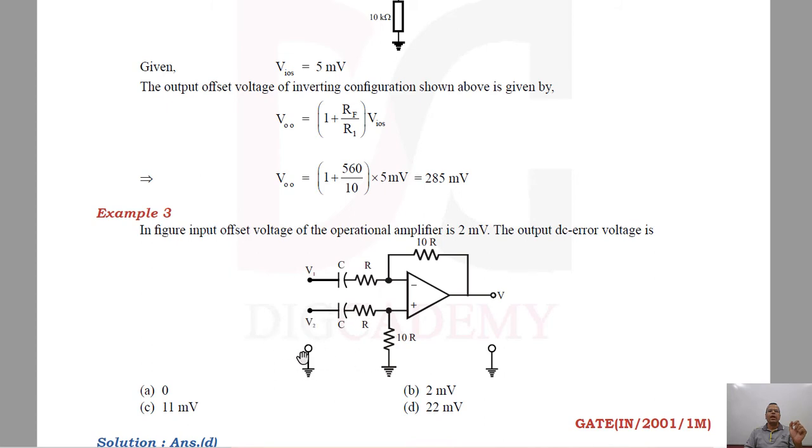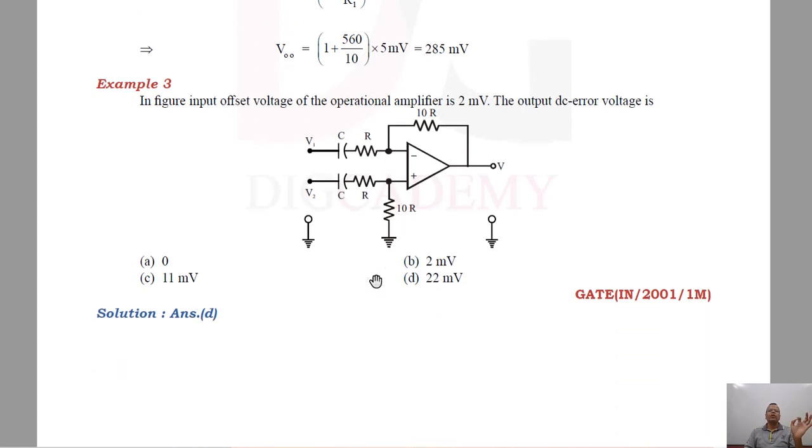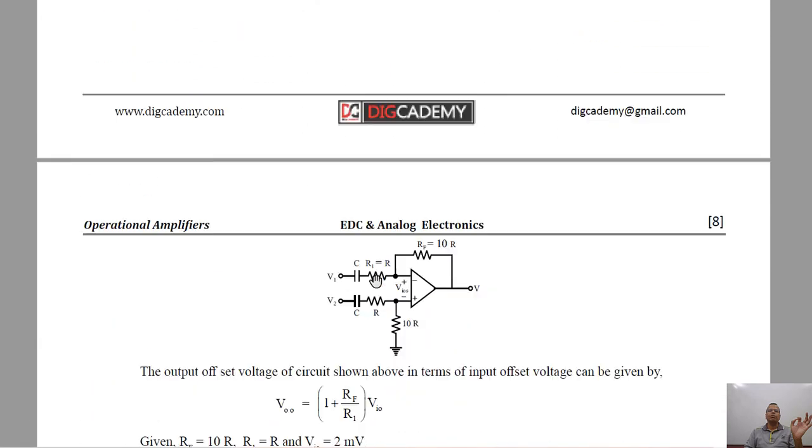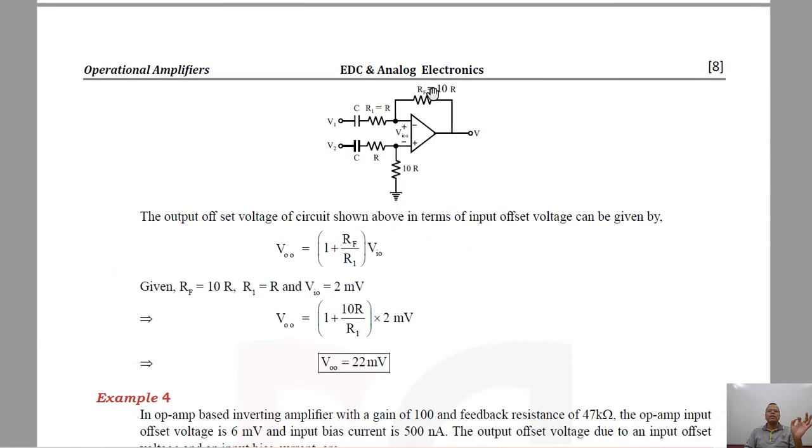Here we are connecting input to the non-inverting as well as inverting terminal. That's fine, but we are given only the input offset voltage. So whether it is an inverting or non-inverting amplifier, remember the expression of output offset voltage is simple. That is 1 plus RF by R1 into the input offset voltage.